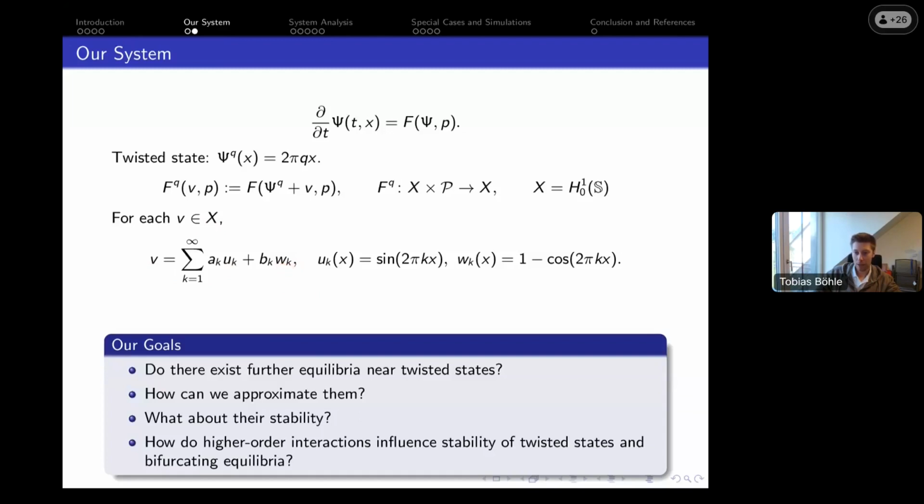These elements are the basis functions. u_k is just the sine of 2πkx, and w_k is 1 minus the cosine of 2πkx. Usually there would just be a cosine and no 1 minus, but here we also have to satisfy the boundary conditions. That's why there's this 1 minus.